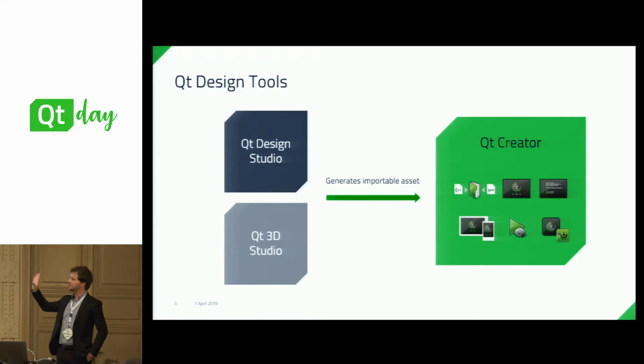This is why we created different ones which are closer to what they are used to. Of course, as a developer, you can also use them if you want to. But again, that's the reason why they are separate. And what you get out of these tools are assets that you can directly reuse as a developer. For example, the Design Studio produces QML directly that you can then reuse in your project.